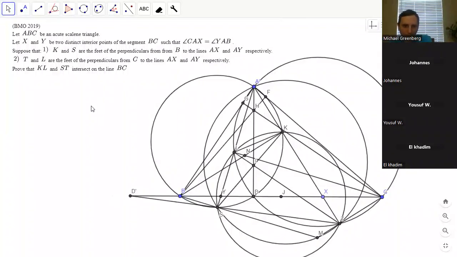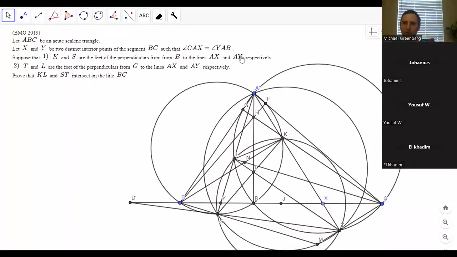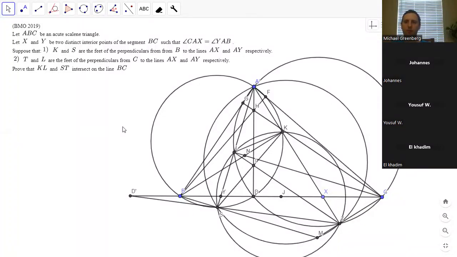Okay, so we'll try the idea using Menelaus and similar triangles. I wonder if there's a way to convert that to a proof using projective geometry, because most things using Menelaus have a corresponding way of thinking about them.